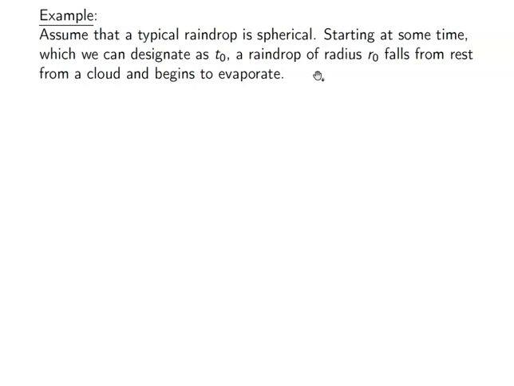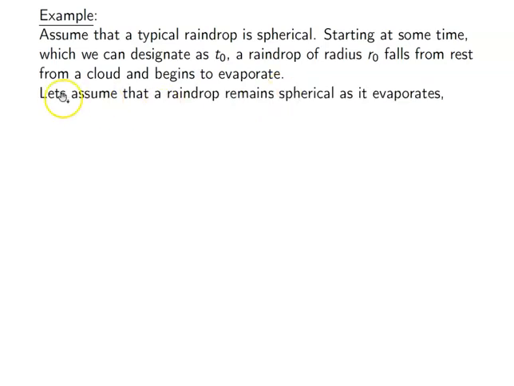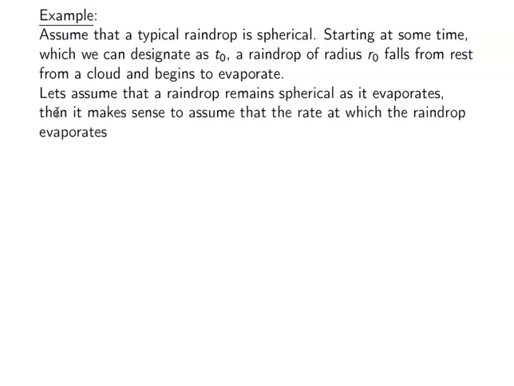It's gathered enough other water molecules to form a drop and be heavy enough that it falls from the sky, and it begins to evaporate as it falls due to friction in the air. So let's assume that the raindrop remains spherical as it evaporates. So the whole time it's falling, it's pretty much a sphere.